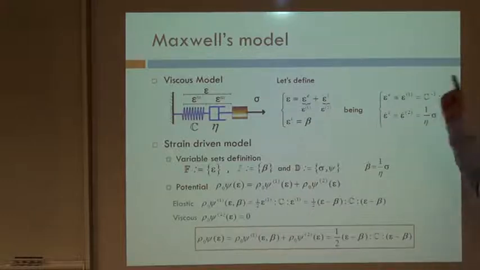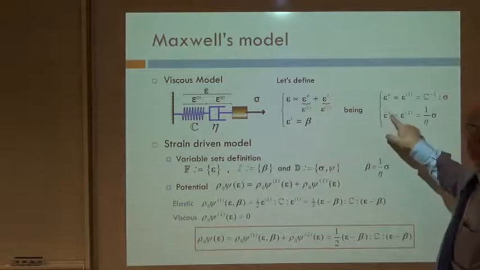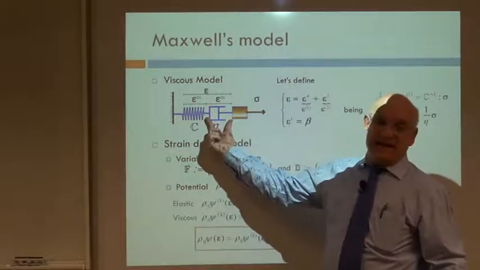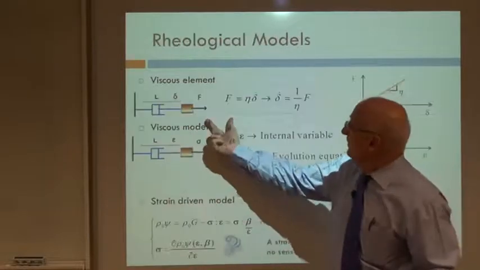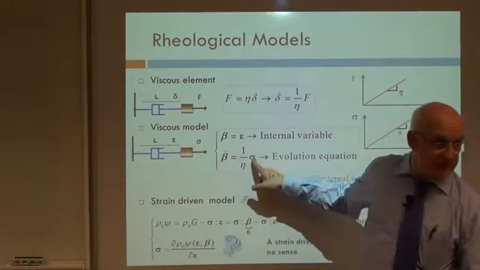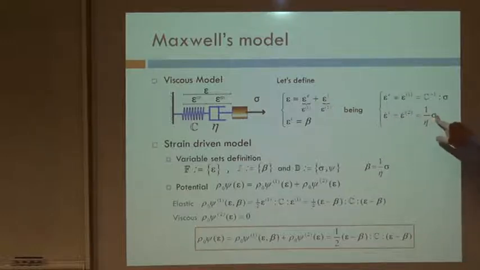And epsilon 2, which is the inelastic strain, is again, since it is the strain in a dashpot, recalling what we had here, 1 over eta times the stress in the dashpot. So that strain rate would be 1 over eta times sigma. Okay? So this is just a first arrangement of the physical interpretation of the model.